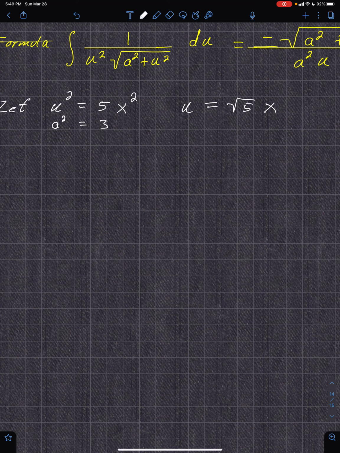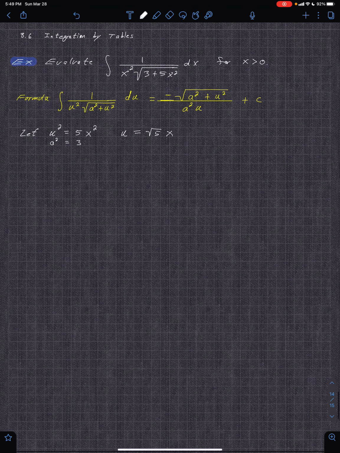When you substitute, your a squared is not going to change anything, because you're just going to put 3 back here. So you don't really have to do a in this case, because this a squared is going to be 3 right there.